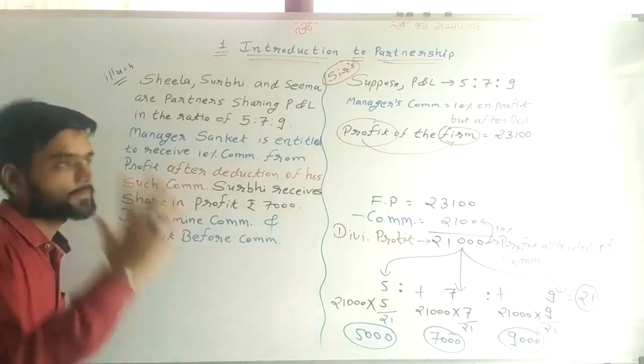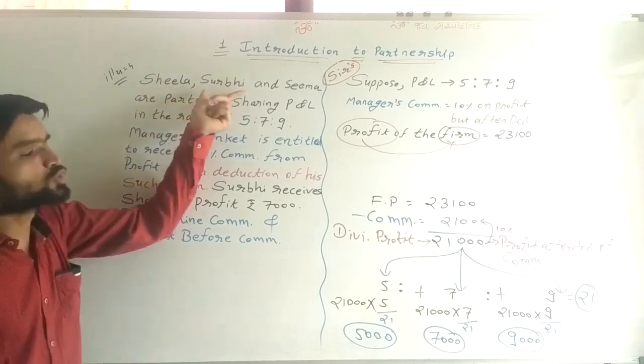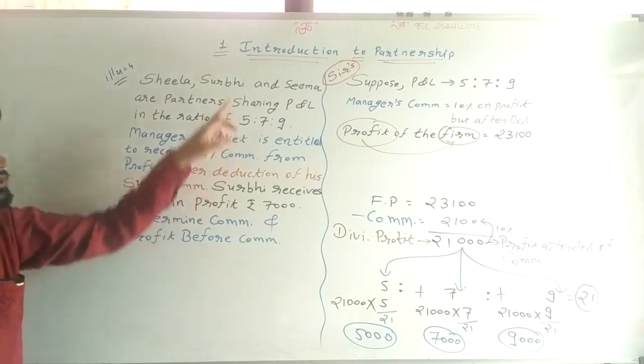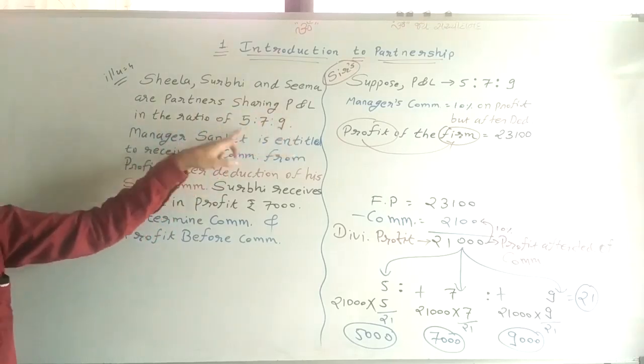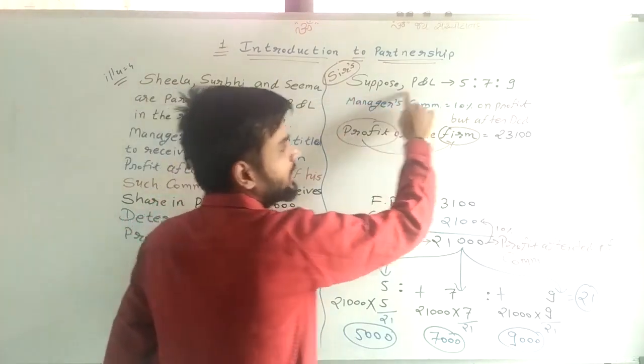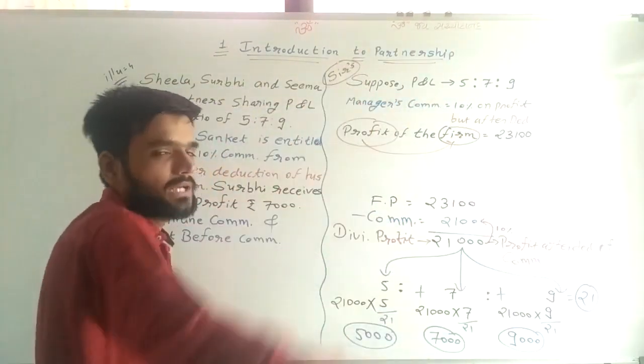Now see here. Sheila, Surbhi and Seema are partners sharing profit and loss in the ratio of 5:7:9. Sir, same ratio, 5:7:9. So P&L ratio is 5:7:9. On this sum basis only, I have prepared this.